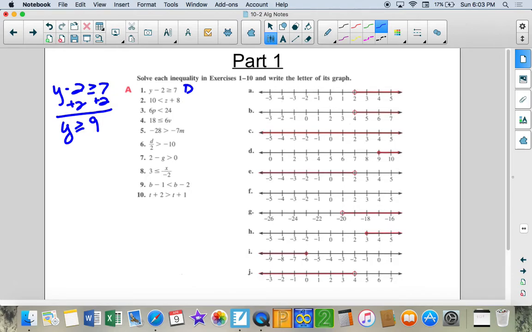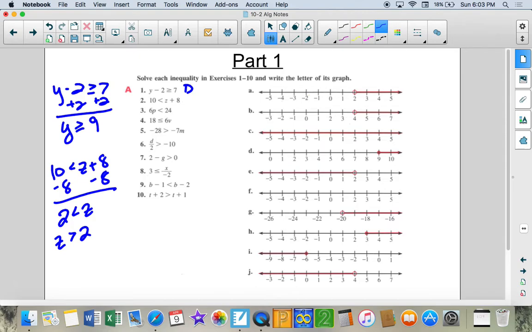Number 2, we have 10 is less than z plus 8. We're going to subtract 8 from both sides. We get 2 is less than z, and this is where most students will make their mistake. They will think that it has to be an open circle going to the left because it's less than. But we have to always write our variable first, and notice the inequality is eating the z.